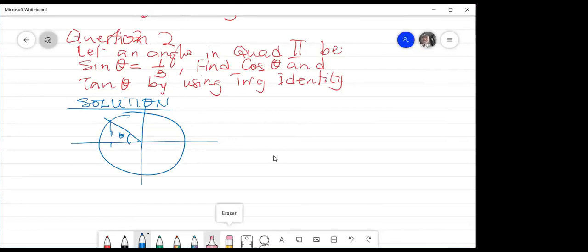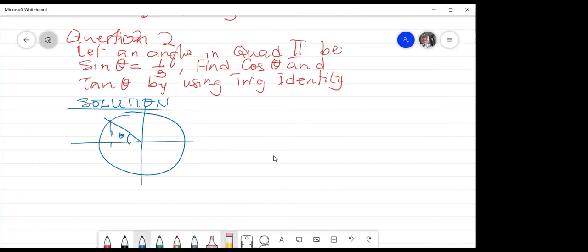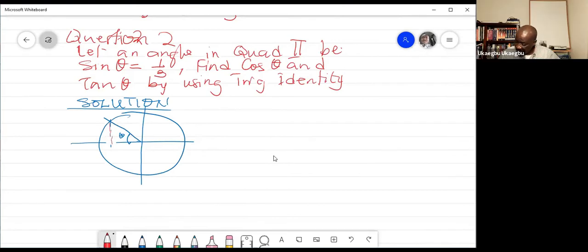Mr. Ikebo, I want you to ask a question. Yes, go ahead. Is it going anti-clockwise or clockwise for the second quadrant and the third quadrant? Normally, angle moves in the anti-clockwise direction.